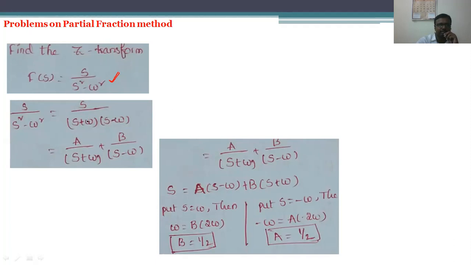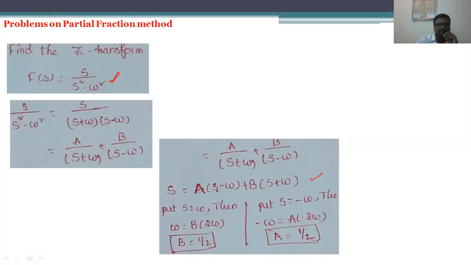The basic partial fraction form is A divided by s plus omega plus B divided by s minus omega. Therefore, equating the equation, s is equal to A into (s minus omega) plus B into (s plus omega).